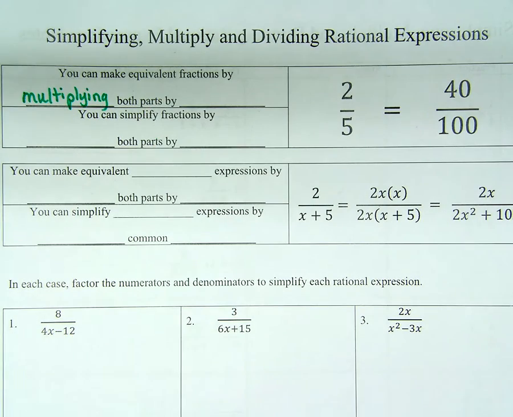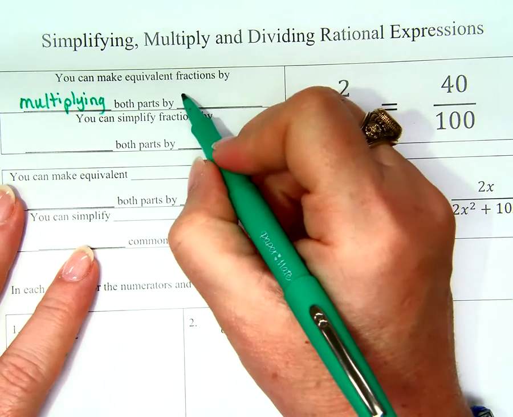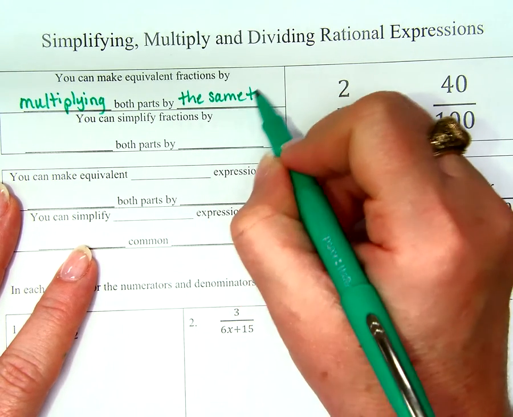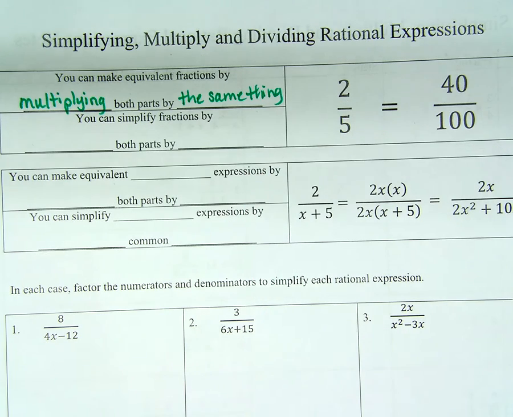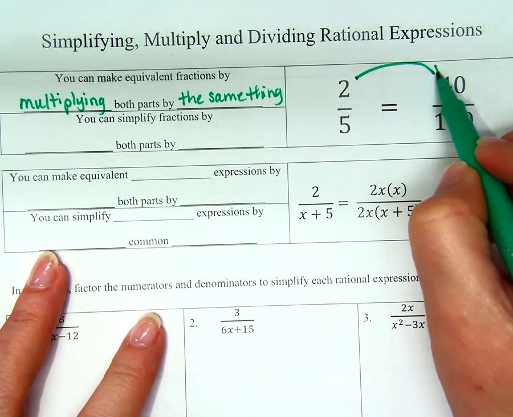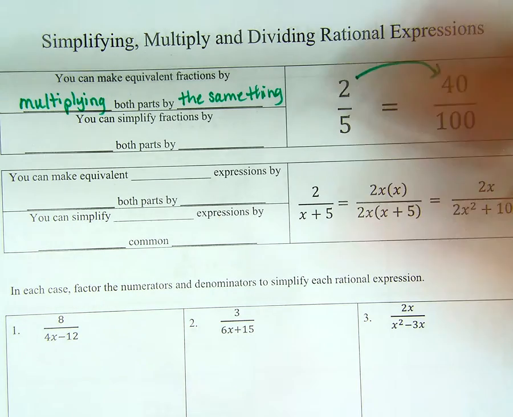Multiplying both parts by the same thing. You can simplify fractions. So I guess that was really like going from here to here. You okay with that?